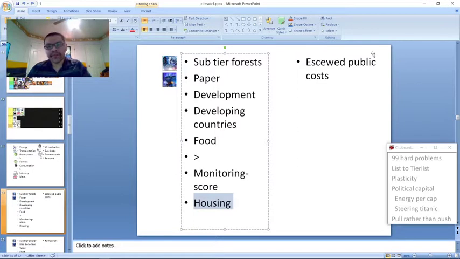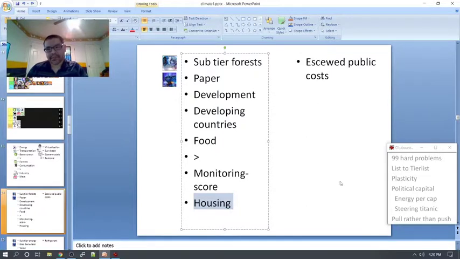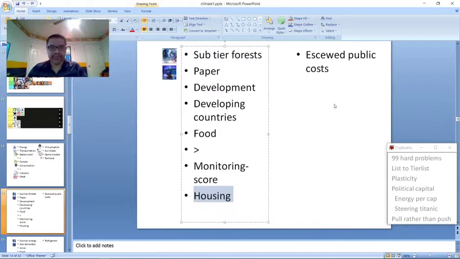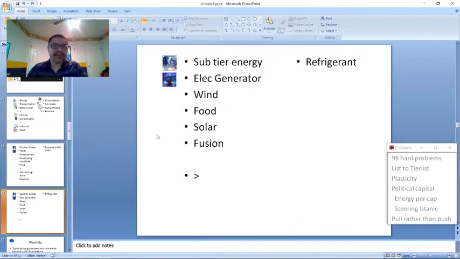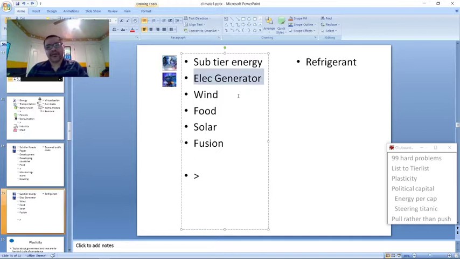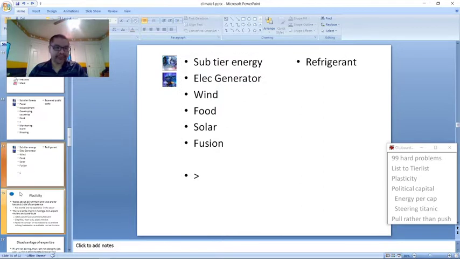And also, how do we factor in the public cost of the free lumber part? And the sub-tier of energy might include electricity generator, wind, solar, fusion, refrigerant.